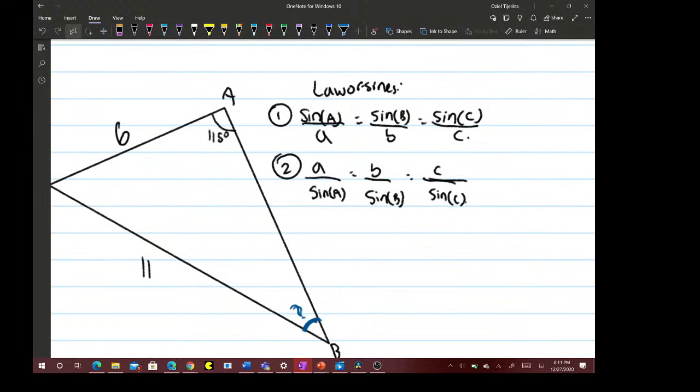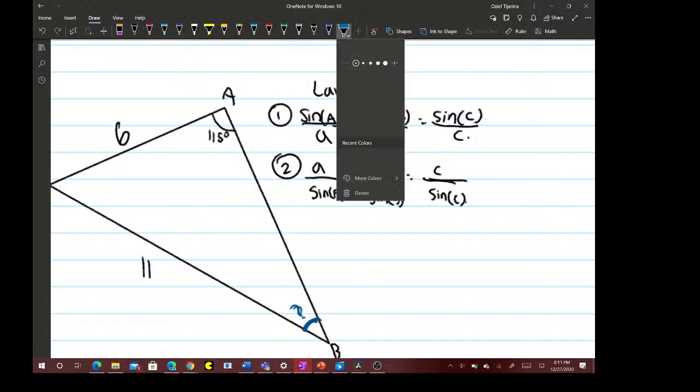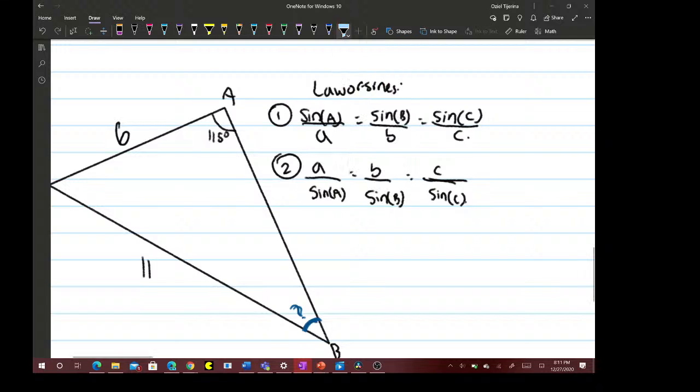Honestly, you can use either one, but the way I like to do it is this one here. And let me use a different color because that one's too dark. I like doing it this way.